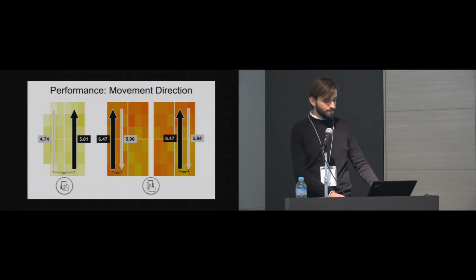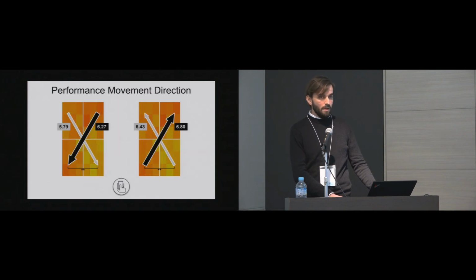Upward movements are faster than downward movements on the left and on the right screen half. Looking at diagonal movement, we only found a significant result for the two-handed index grip. Taps are faster from top right to bottom left and the other way around.